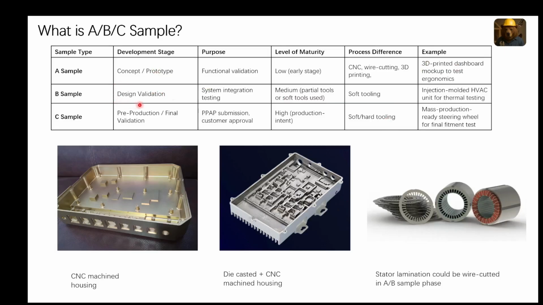And again, I need to emphasize that B sample is very, very crucial. A samples, you need to participate as much as possible. For earlier sample phase, for example, concept sample, most of the work is done by the R&D. Unless you are AME, you should develop the process together with the R&D guys.